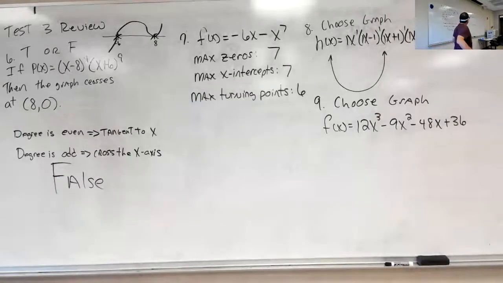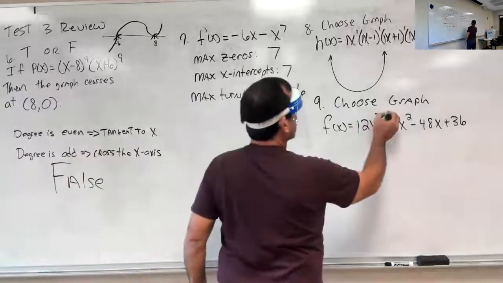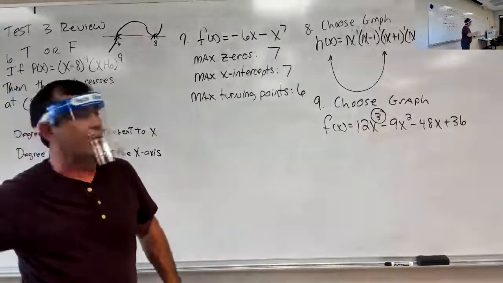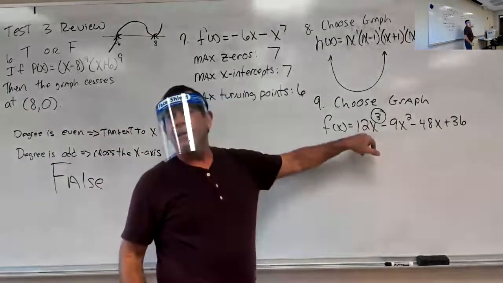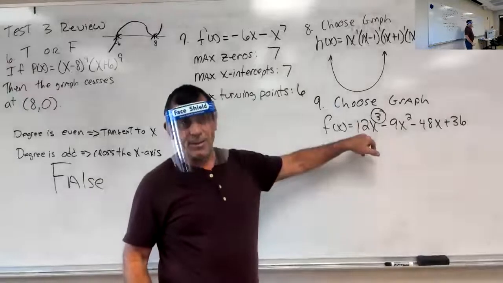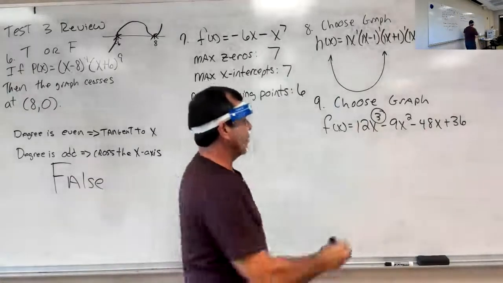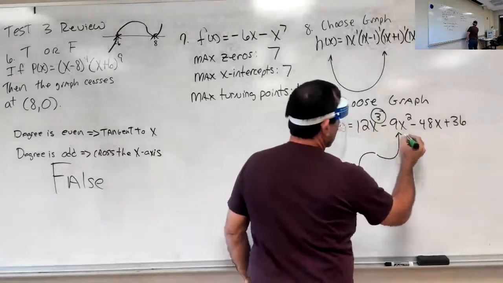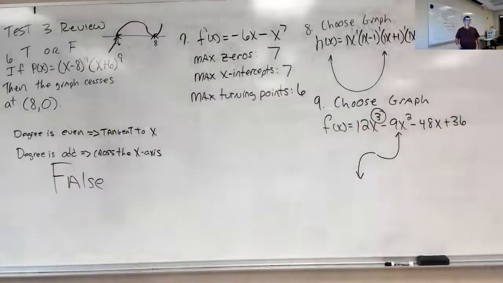So it's going to be one of my shapes. It's an odd degree this time. So an odd degree is going to go uphill or downhill. But that's a positive lead coefficient, which means this graph will go uphill left to right.